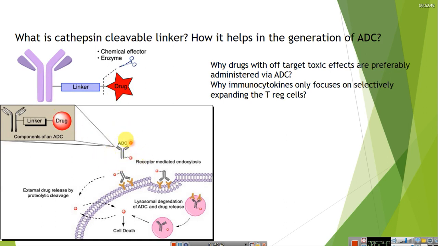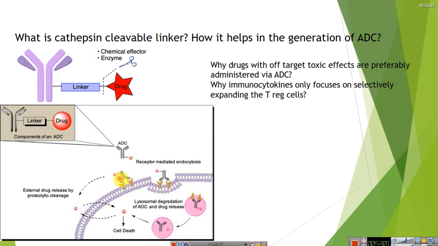So when the drug along with the cathepsin cleavable linker enters, see, this is the target site, and there is a specific antigen towards which this antibody is raised, right?